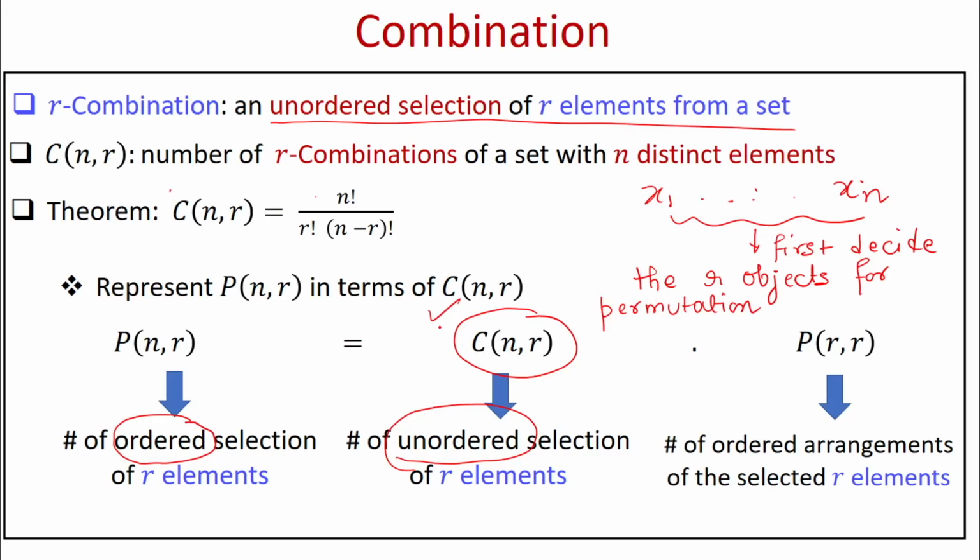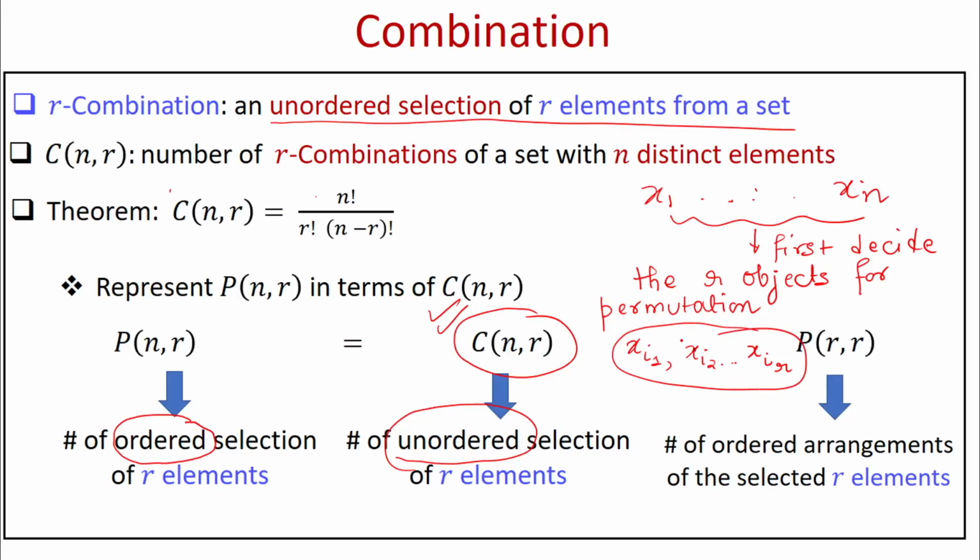This can be done in C of n comma r ways. Now, once you have decided that you have selected objects xi1, xi2, and say up to xir, you have selected these r objects.